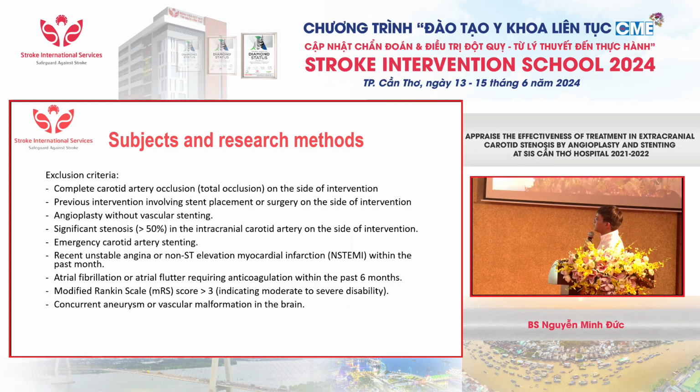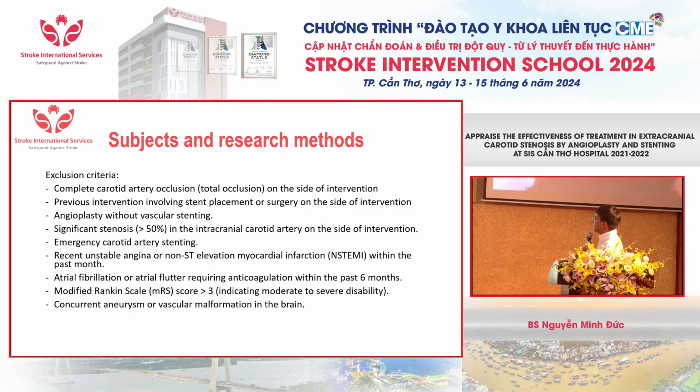But we have exclusion criteria. For example, complete carotid artery occlusion, we don't choose them. Or a modified Rankin scale over 3 points, indicating moderate or severe disability.